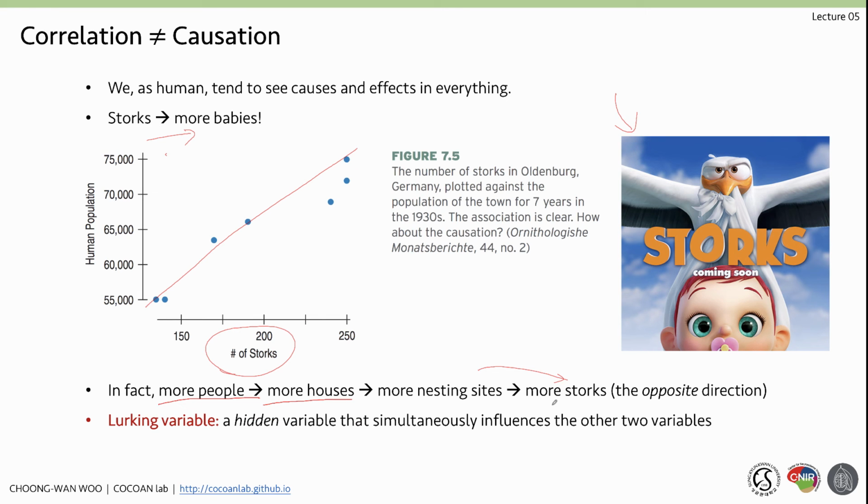We call these lurking variables, these intermediate variables. That's a hidden variable that simultaneously influences the other two variables. Therefore, scatter plots and correlation never prove causation. There are a lot of cases where lurking variables play an important role in the relationship between two variables.